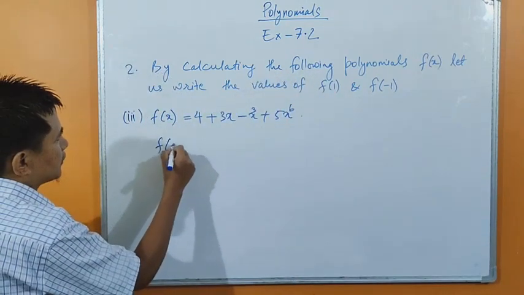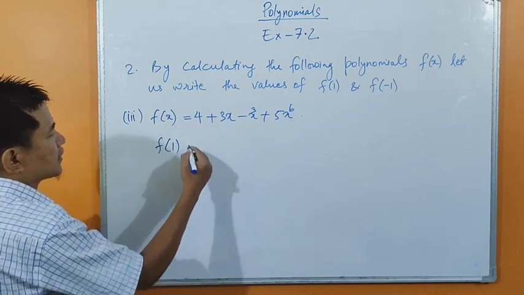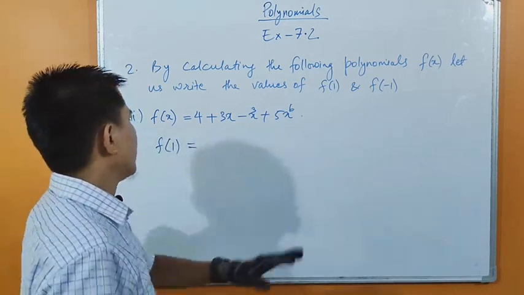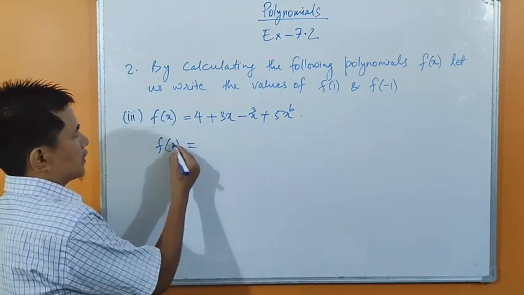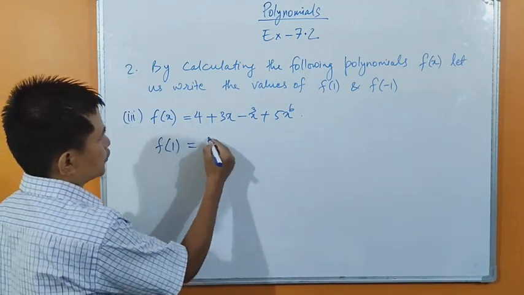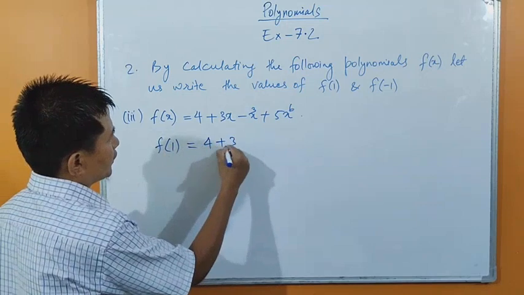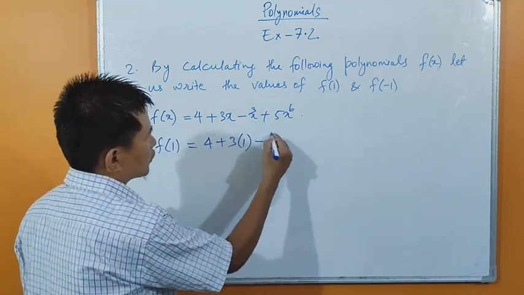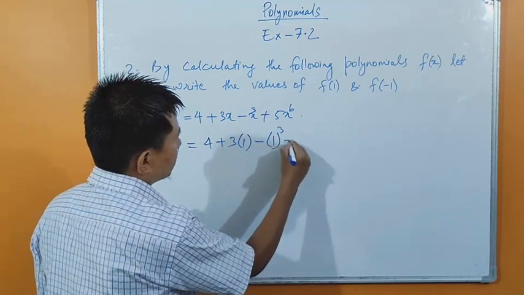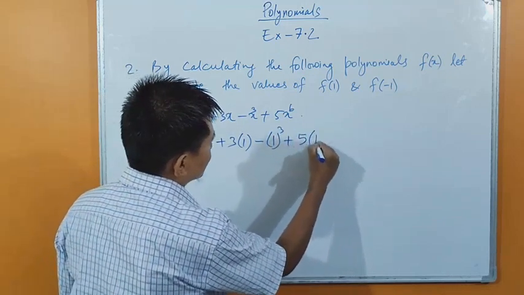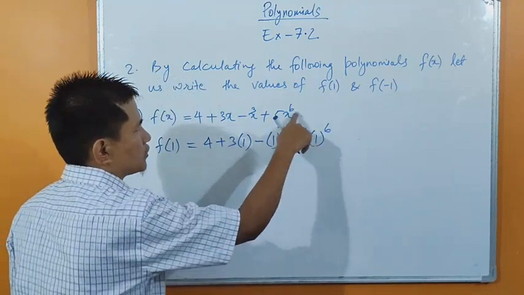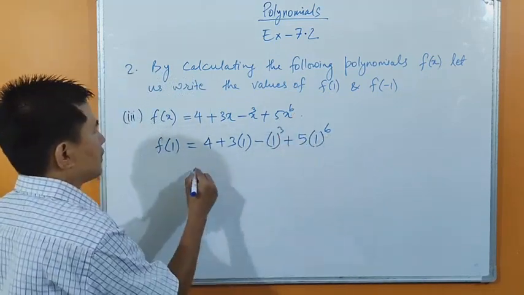First, let us find the value of f1 and then we will find f minus 1. So, f1. If f(x) is this, then f1 will be, wherever you see x, you just put 1, because we are asked to find f1. So, 4 plus 3 times 1 minus 1 cubed plus 5 times 1 to the power 6, isn't it? x is 1 and there is power 6, so we put power 6.